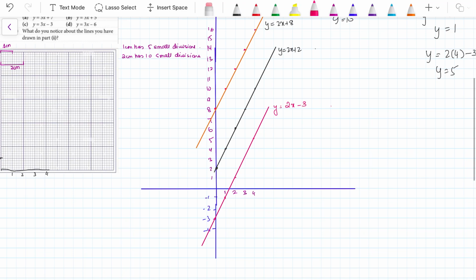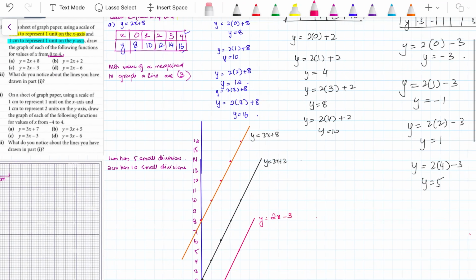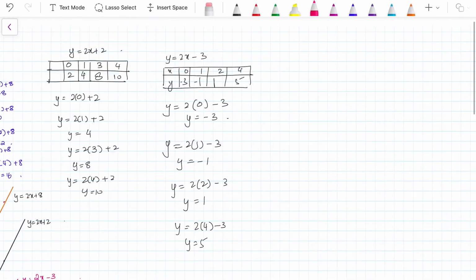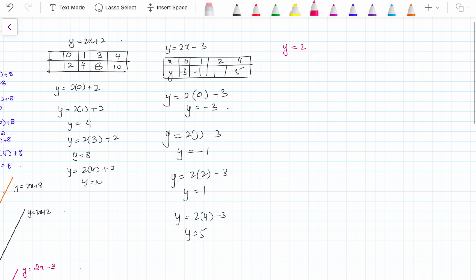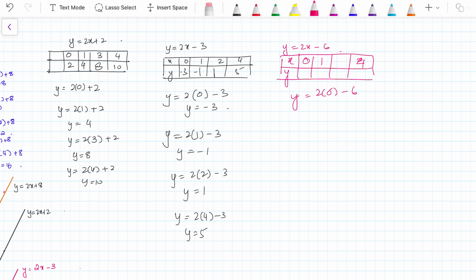Now, what's the next question? The last part is y equals 2x minus 6. Make the table once again. Now, I'm just taking 3 values because I'm very tired of doing the table again and again. And I just want to show you that whether you take 3 points or 4 points, it doesn't really matter.